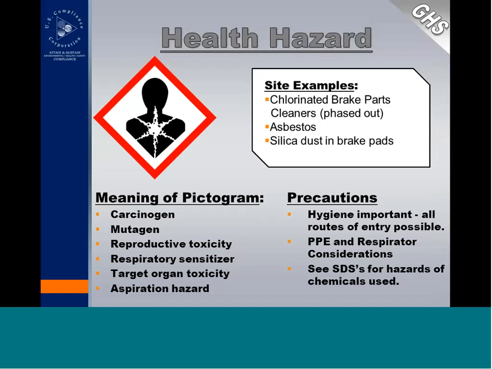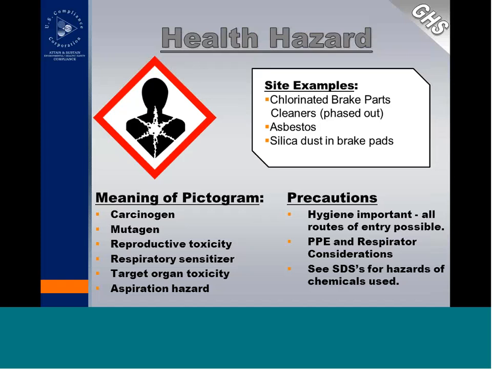Basic precautions include, first and foremost, hygiene. Again, making sure washing your hands before eating, drinking, or smoking, wearing your proper PPE and respirator when required. And really, this is an item that you want to reference the original manufacturer label and/or safety data sheet, because there may be some specific requirements that you need to take into consideration.